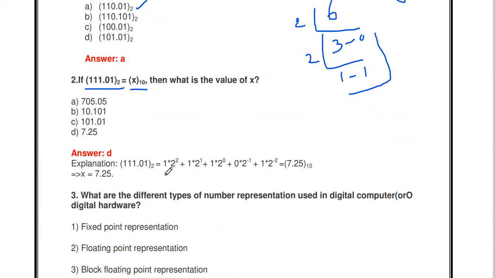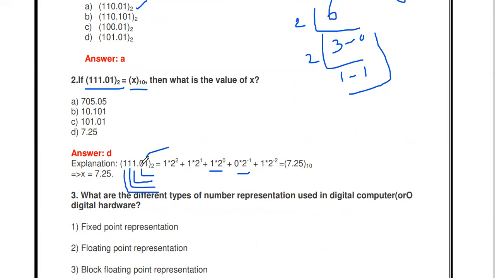So how to convert 111.01 into decimal? You already know. The digit nearest to the point is multiplied by 2 to the power 0. Then the next one is multiplied by 2 to the power 1. Then the next one by 2 to the power 2. Similarly, after the point, the 0 is multiplied by 2 to the power minus 1, and the next one by 2 to the power minus 2.